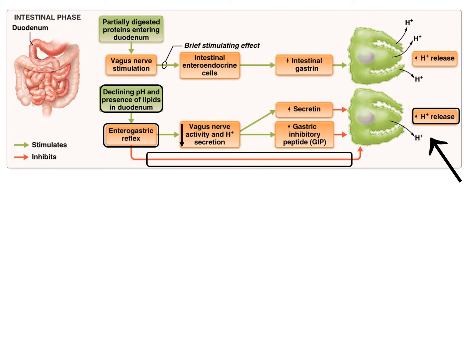So here we have the decline in pH and the presence of lipids in the duodenum producing the enterogastric reflex. Okay, and this will decrease vagal activity, decrease gastric inhibitory peptide, and here it directly will decrease hydrogen ion secretion.